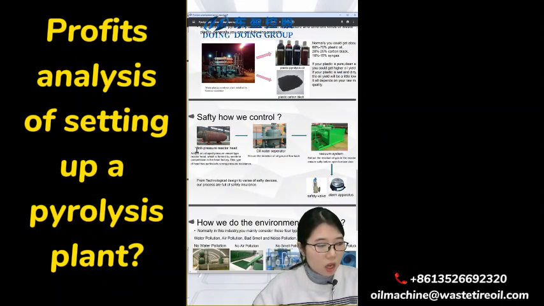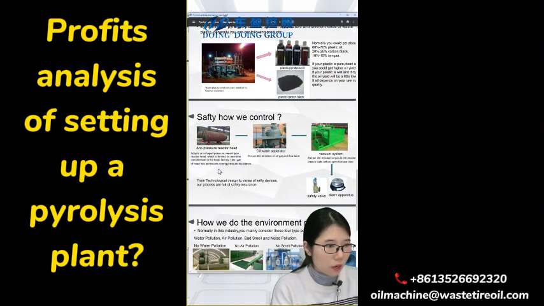Firstly, when we manufacture the furnace of the reactor, the pyrolysis reactor, we will adopt the arc-shaped pressure vessel type reactor head, which is formed by one-time compression in the head factory.